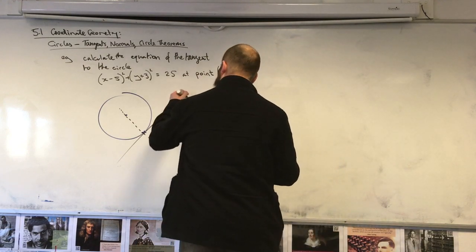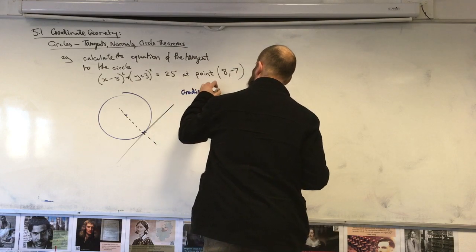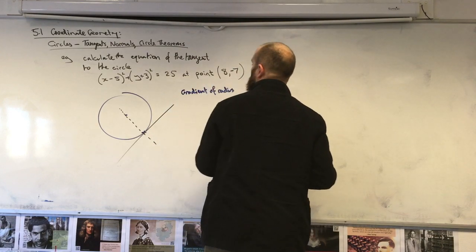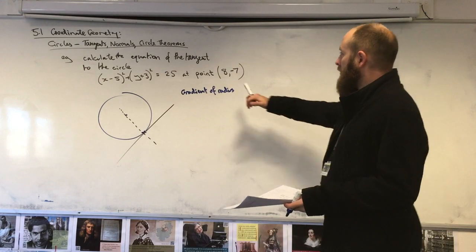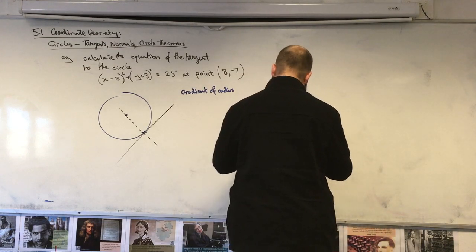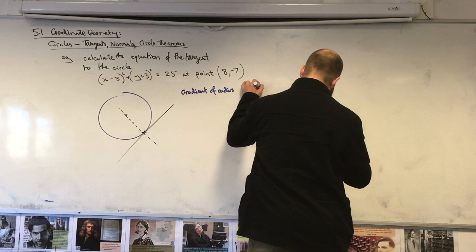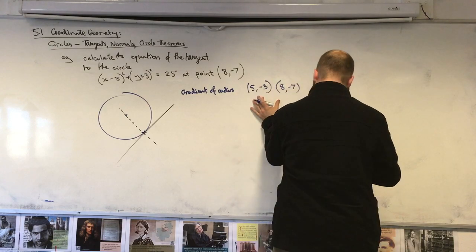So our gradient of radius, well, we know the centre of the circle, we can work out this point here. So there's our 2 points.